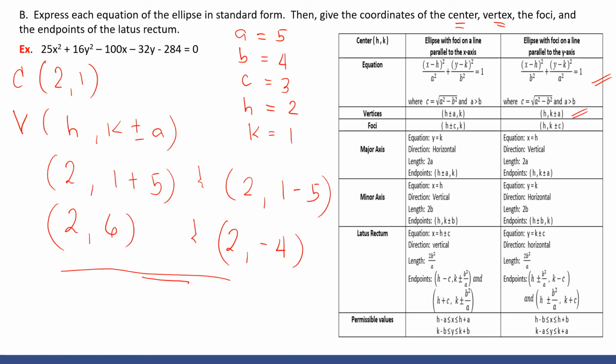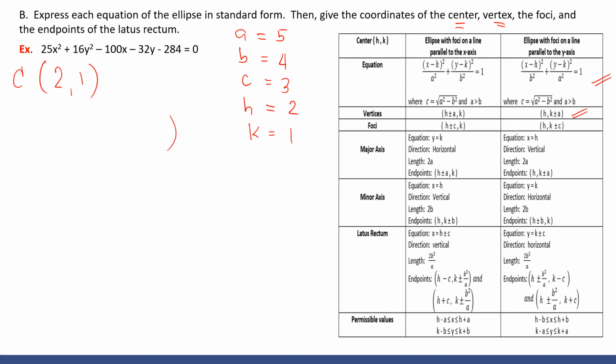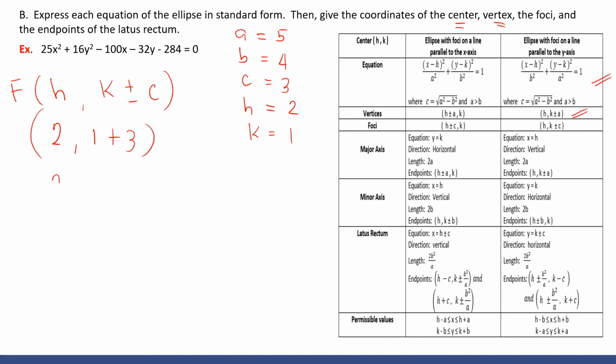Now, the coordinates of the foci, that is what we will solve next. So let's erase this. According to our table, in our pattern, let's see, what do we follow? We have foci, H, and then, comma, K plus minus C. So we have H, our H value is 2, and then K, 1, plus C, so plus 3, meaning we have this coordinate 2, 4.